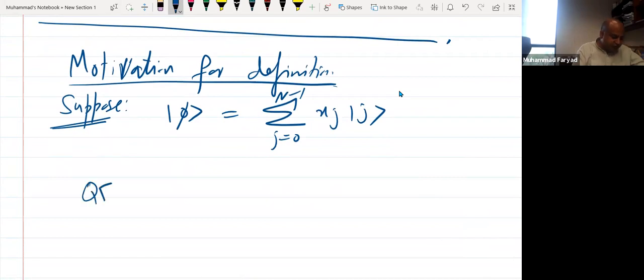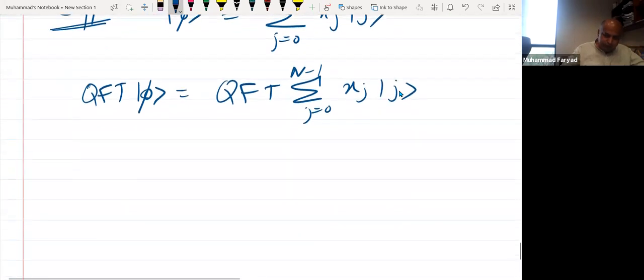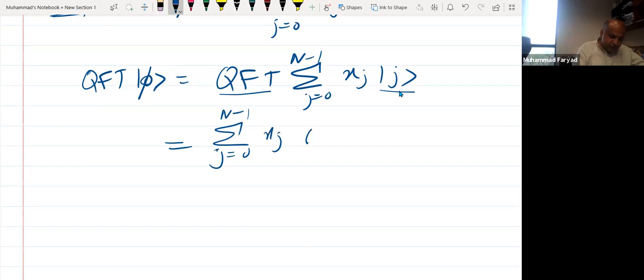If I take the QFT of this state phi, we get this. And this QFT is the quantum Fourier operator. So this will go right to this state through the sum, because it's a linear operator and operates on these quantum states.